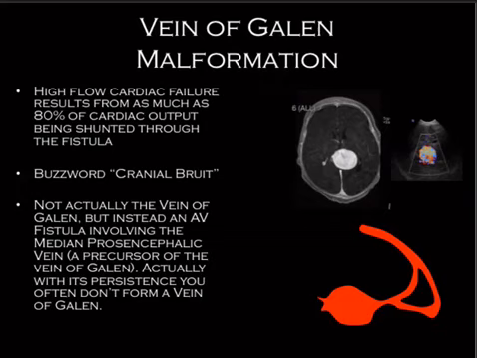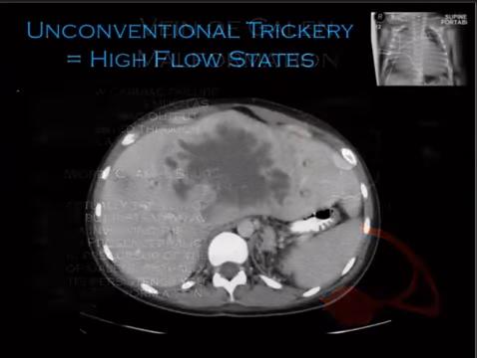It's not actually a malformation of the vein of Galen. I talk about this in the congenital peds neuro talk, but it's basically persistence of a precursor. I don't think they'll get into that. It's much more likely they'll show you the heart, a picture of the head, or tell you a cranial bruit buzzword.